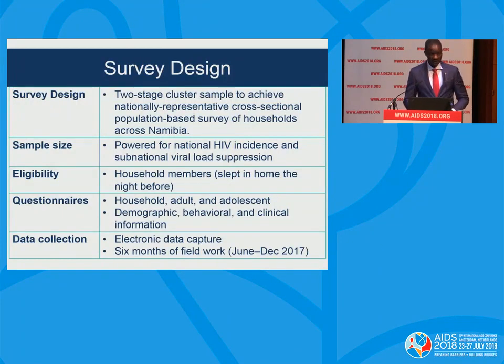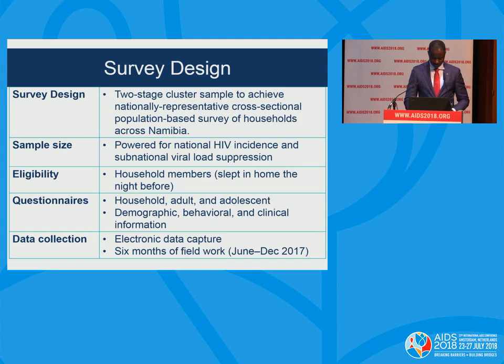Now, the survey design, which is rather technical. NAMPHIA was designed as a two-stage cluster sample in order to achieve a nationally representative cross-sectional population-based survey of households across the whole of Namibia. The survey was powered to measure national HIV incidence and subnational viral load suppression with fairly high precision.